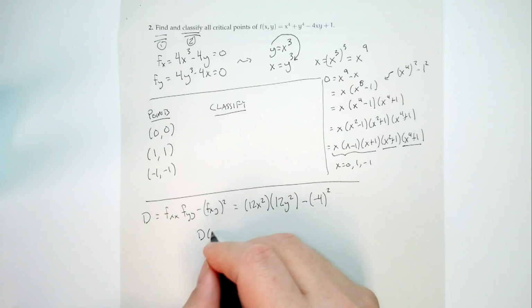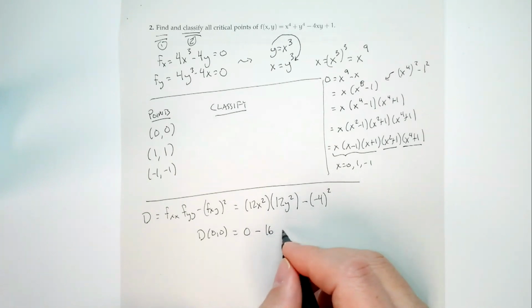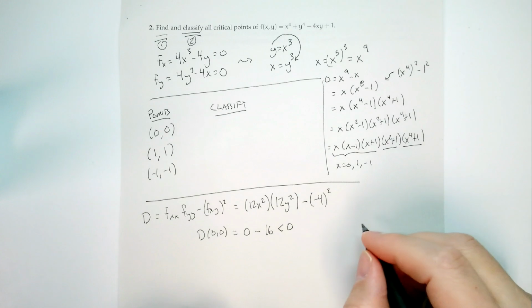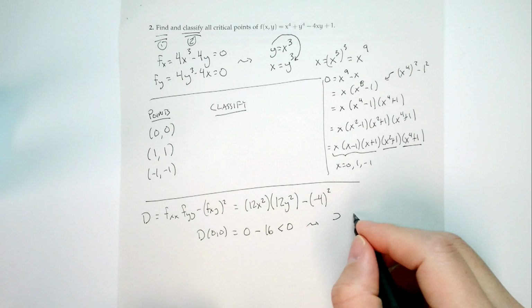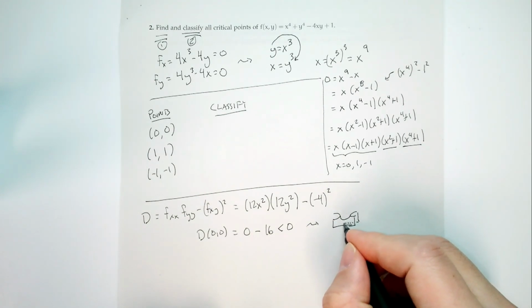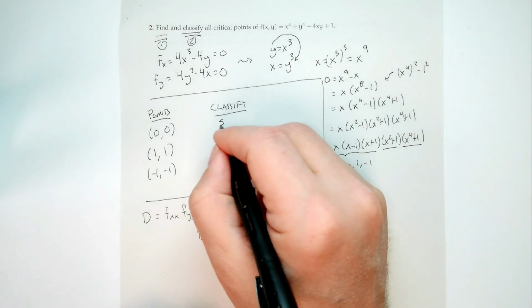We're going to get 0 minus 16. Well, I don't really care about the value. I care about the sign. Well, what is this value? It's negative, and we know if this D is negative, that means that this corresponds to the kind of point that looks like this shape. In other words, this is a saddle. Okay, so 0, 0, that's a saddle.